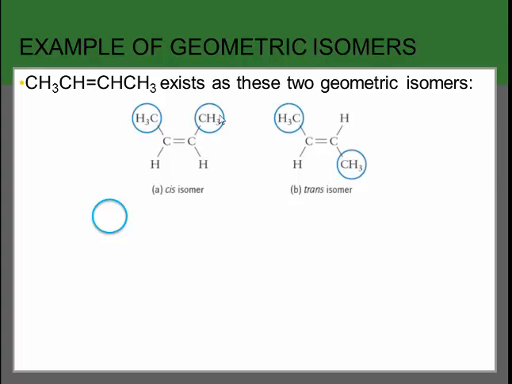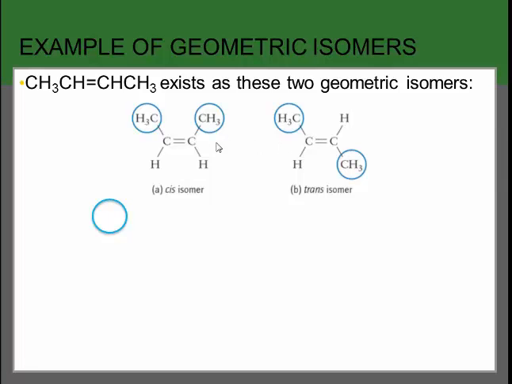We call these the heavy groups because they are heavier than a hydrogen. CH3 weighs more than a single hydrogen. So heavy groups on one side, cis isomer. Heavy groups on opposite sides of that double bond, trans isomer. These are geometric isomers because we cannot rotate around this double bond, and so they can't easily interconvert.